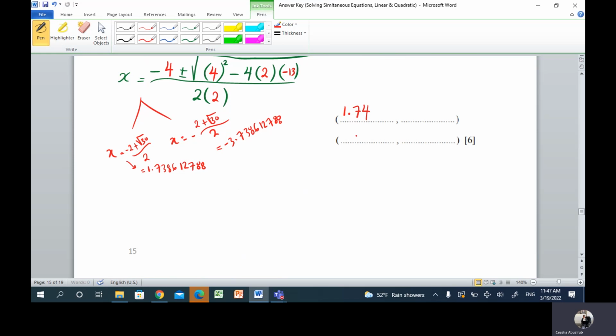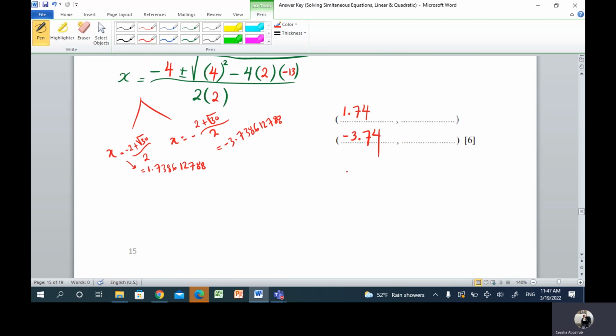So 5 and above, it will bring the 3 up. And then the second one, it's negative 3.7 is the first decimal, and 3 is going to come up to 4 again because after the 3 comes the 8.